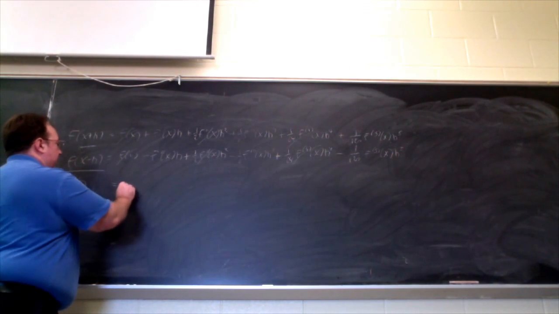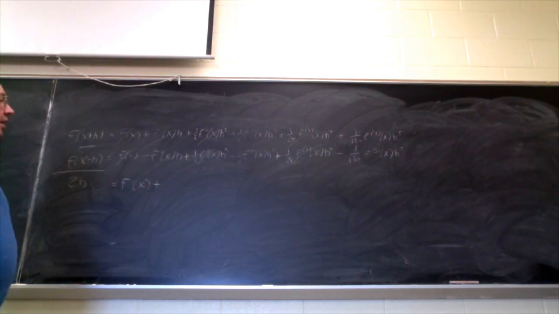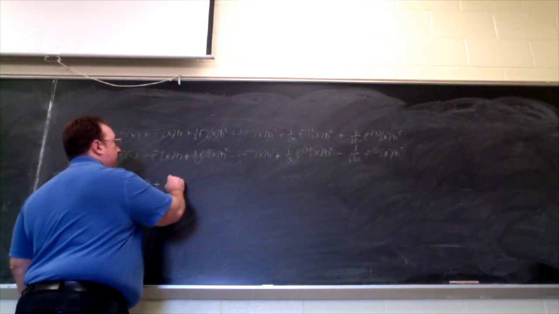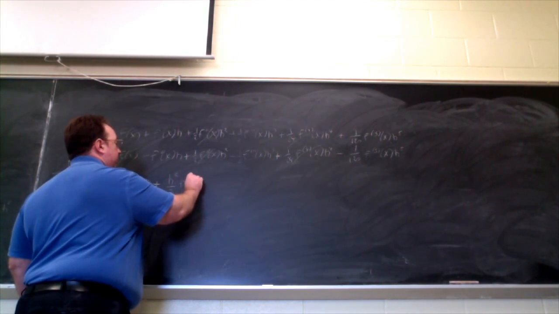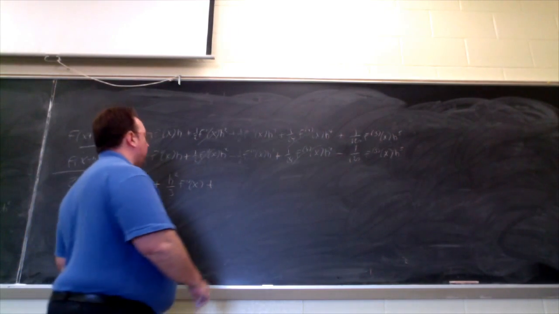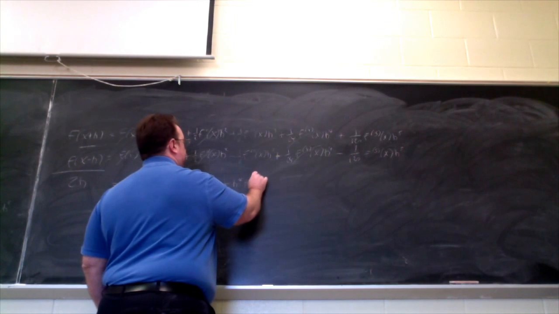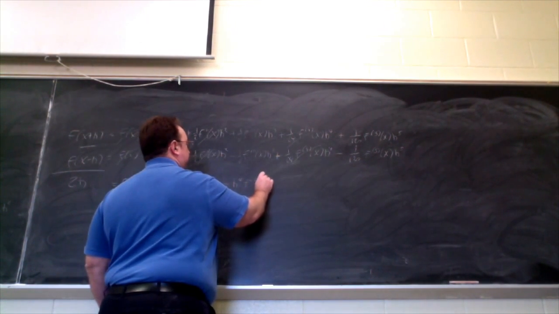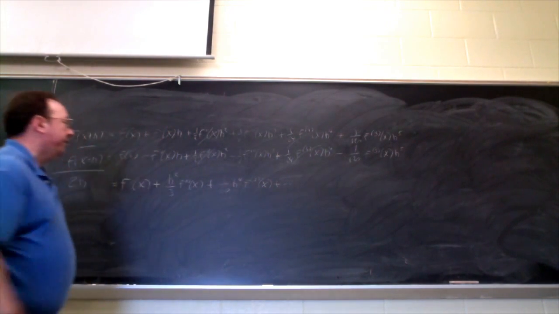So what I'm going to get is f prime of x, which is what I'm after, my approximation. And then I'm going to get h squared over 3 f triple prime of x. And then I'll have 1/60th h to the 4th, fifth derivative of x, and so on.